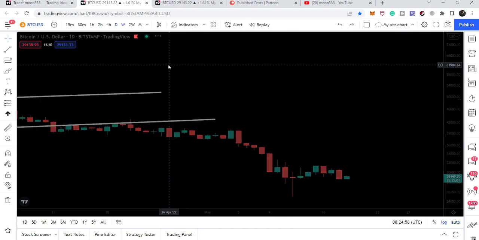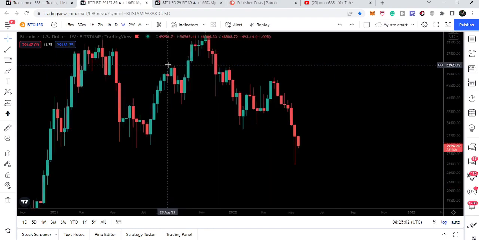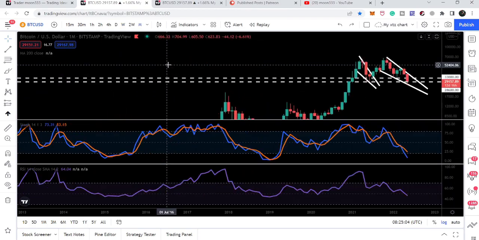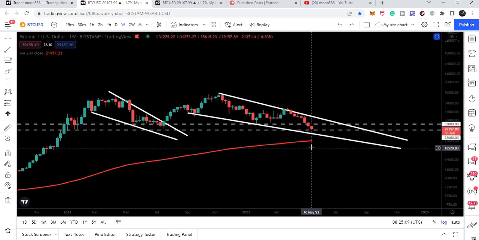Let me show you that support once again. And this is the support of the 200 weekly simple moving average we are having here at $21,900. So the target for the bear flag is slightly below the 200 weekly simple moving average.